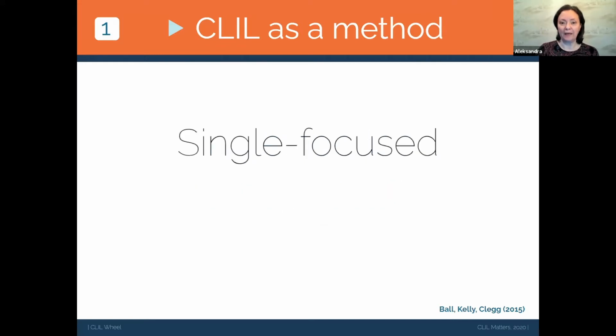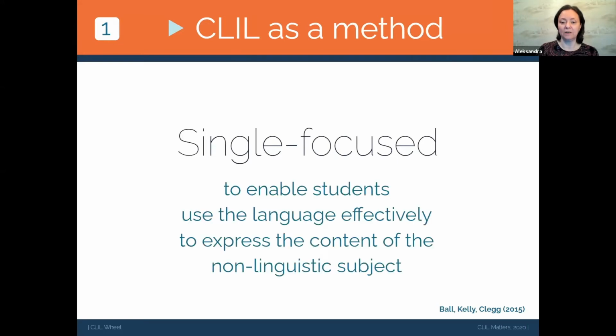One big thing that I like mentioning is that, contrary to earlier papers and earlier suggestions, CLIL can be called single-focused rather than dual-focused. My one goal is to help students to talk about the content of the subject using the language.